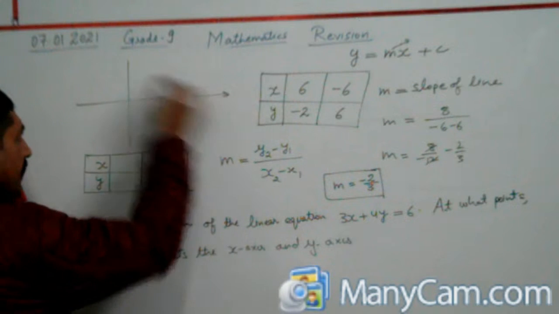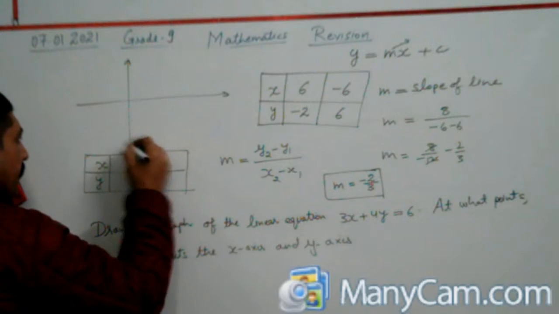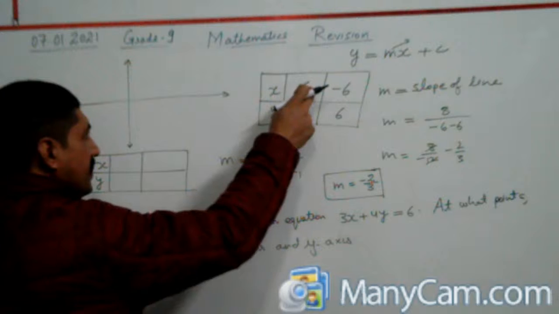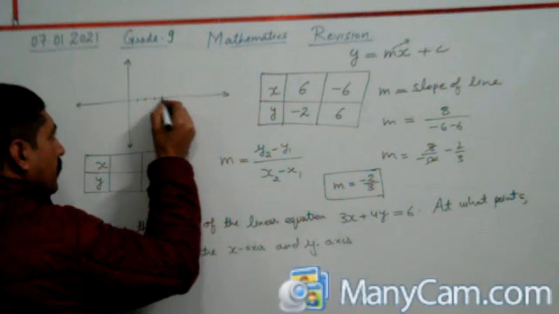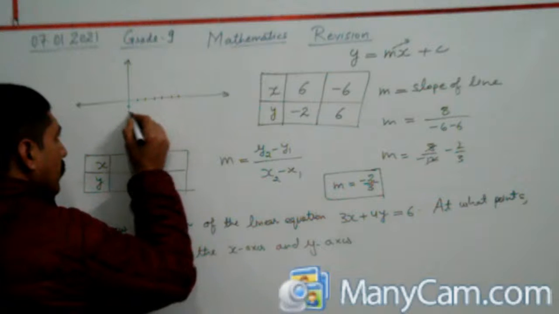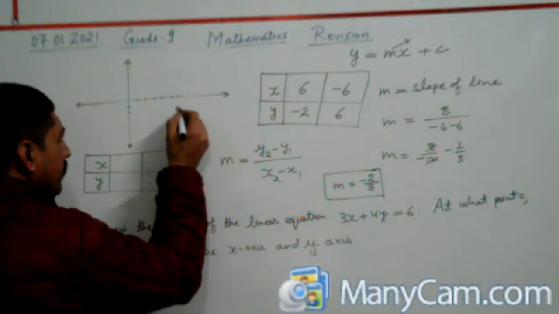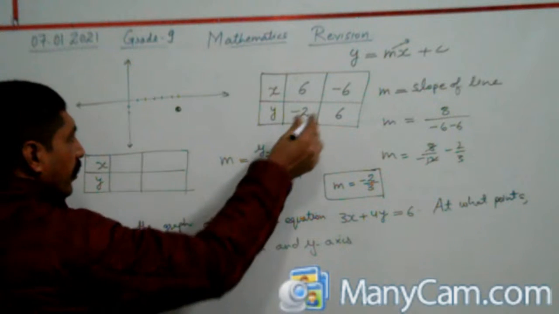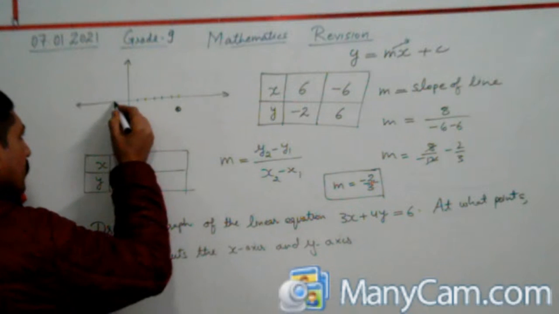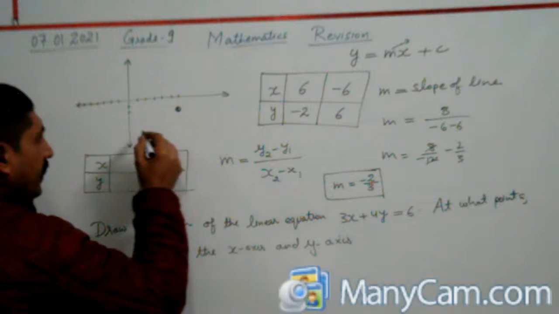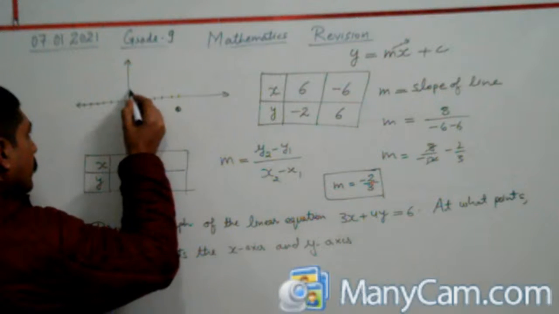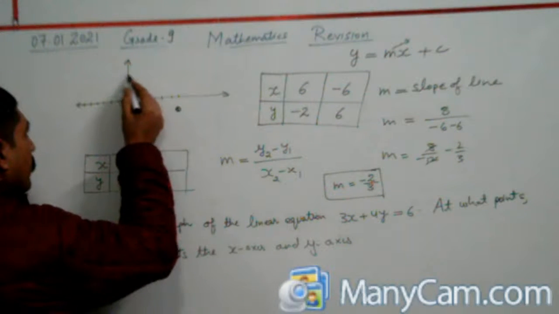See roughly, let me take 1 point is x is 6, 1 point is here, another point is x is minus 6, 1 2 3 4 5 6, and y is 6.